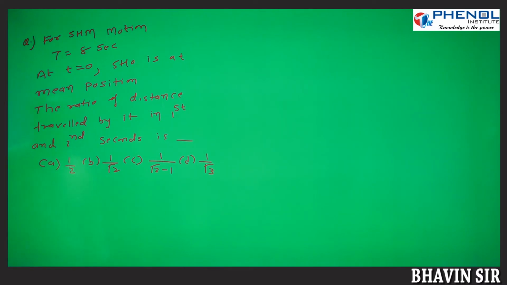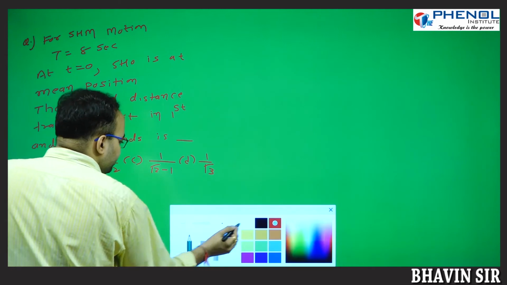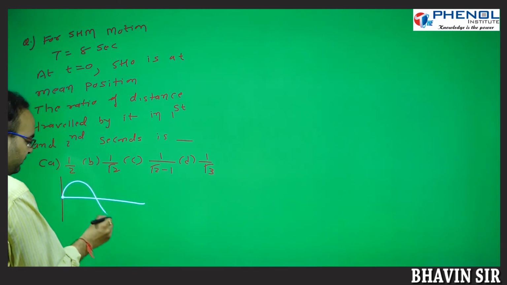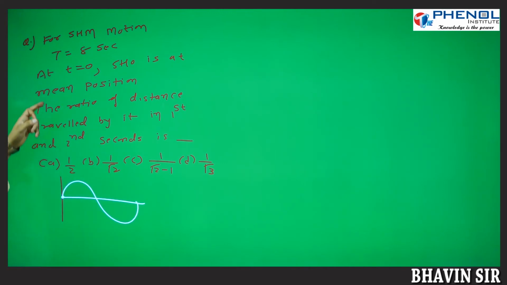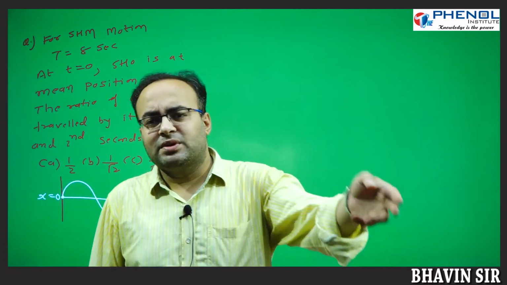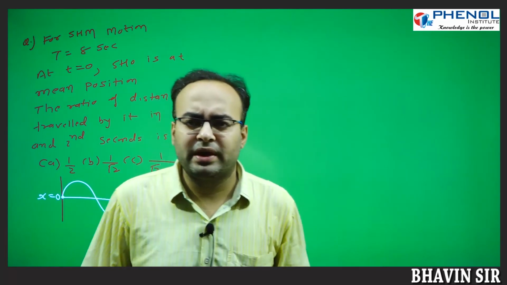Okay, so students, SHM motion starts at time 0, right? At time 0, this is the position of SHO. So we take the equation of displacement equals a sin omega t.